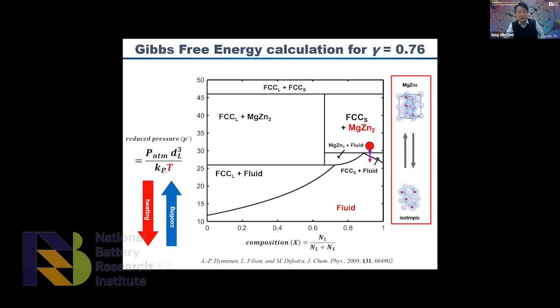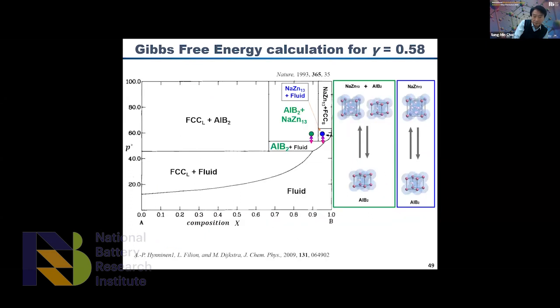Temperature goes this way. So we are changing in this direction, and there's a transition, which is qualitatively well matched with this phase diagram for the hard sphere system. These cases also follow this phase diagram.